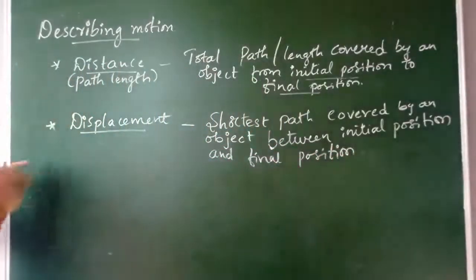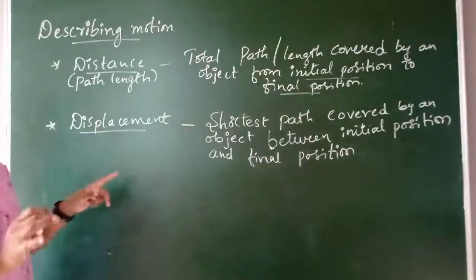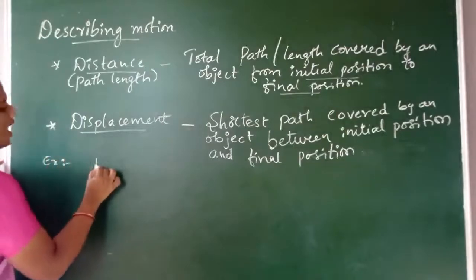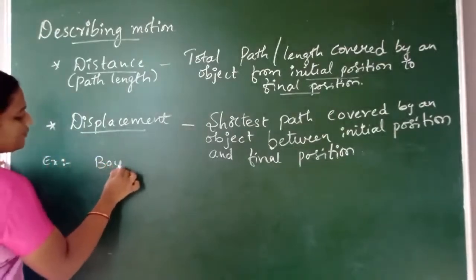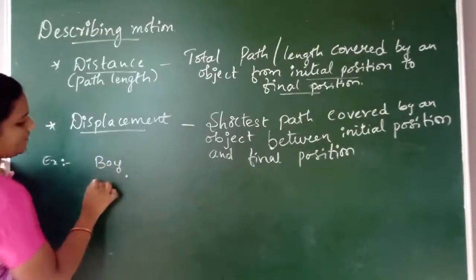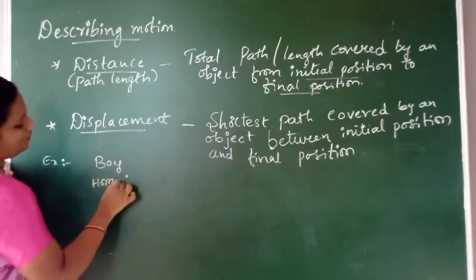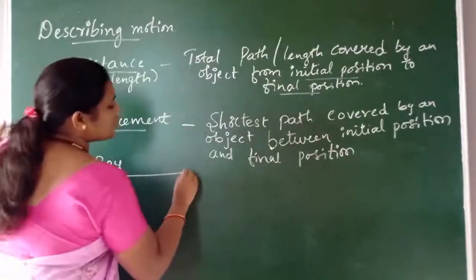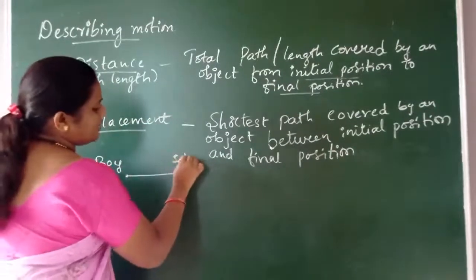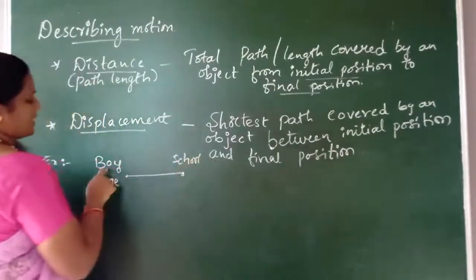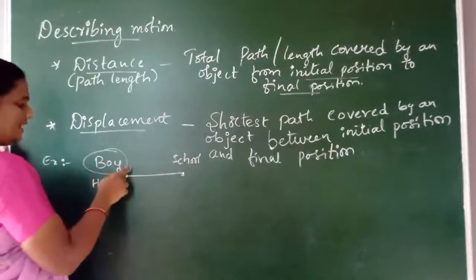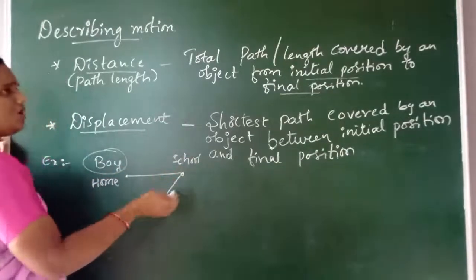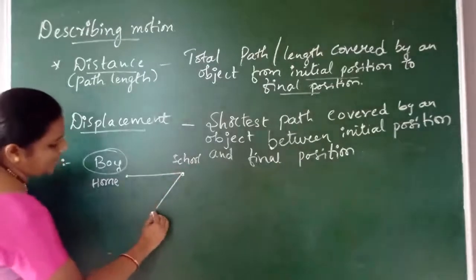So, let me explain these two quantities with an example, children. Let us take an example. A boy is here. That is, this point, we'll name it as a home. From home, he is moving to school. This is school. Let us imagine that a person, nothing but a boy, is traveling from home to school, and then he travels to a shop. That is, it might be an ice cream shop.